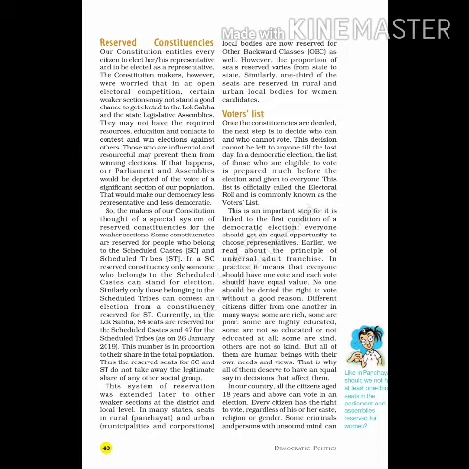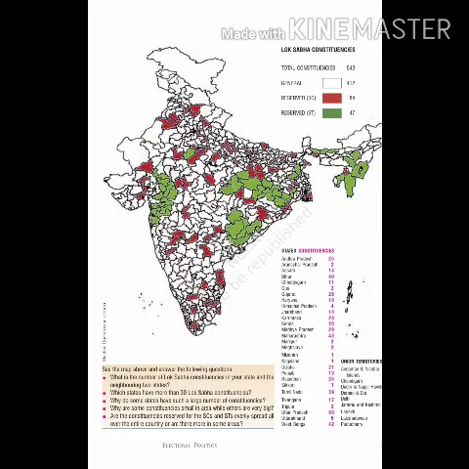The voters are required to carry the election photo identity card when they go to vote so that no one can vote for someone else. But the card is not yet compulsory for voting, as voters can show many other proofs of identity like the ration card or the driving license. In your textbook, you can see a map which shows the Lok Sabha constituencies in India.